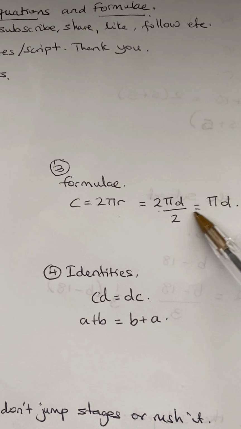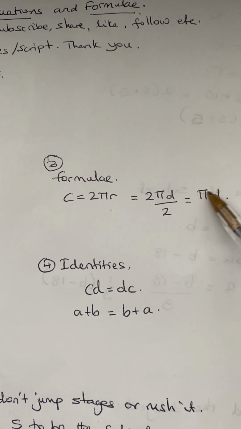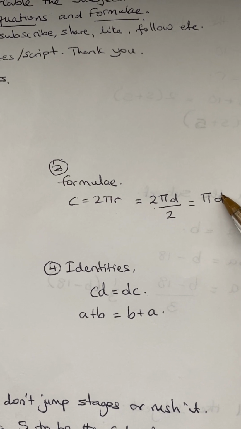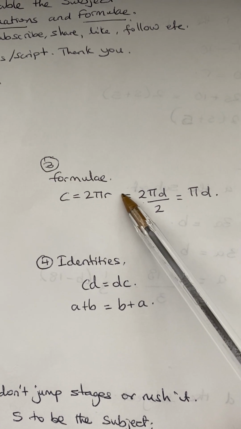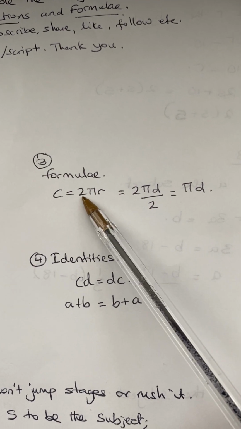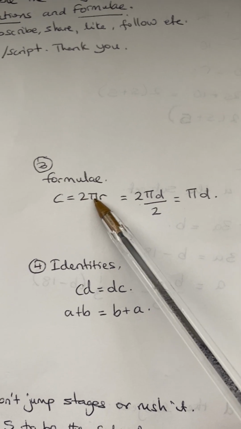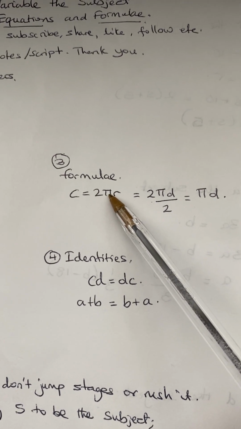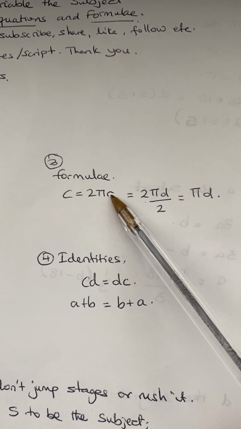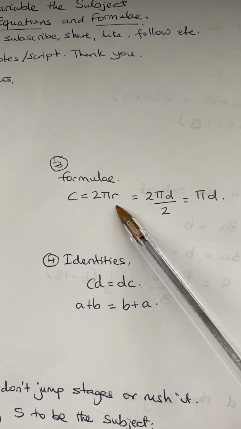Now, mathematical formulas. From primary school, you know the formula of the cuboid, the circumference of a circle. Okay, so this is the circumference of a circle. So circumference is 2 pi r, where pi is a constant. Okay, but you know that radius is the diameter over 2.